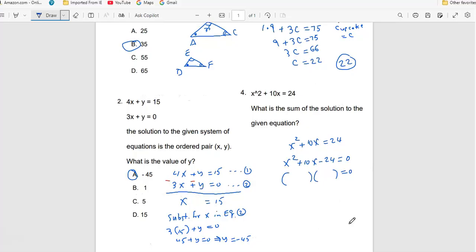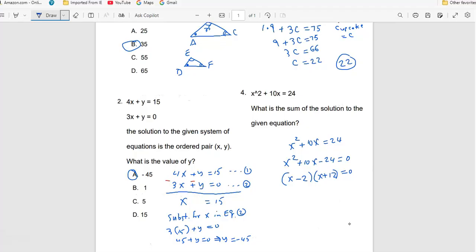Yes, it works, right? Here x squared first. What's x squared? X times x. Now we have to factor 24: 2 times 12, and we said they have opposite signs. Which one is positive, which one is negative? I need positive 12 and negative 2, because if I add them I get positive 10.